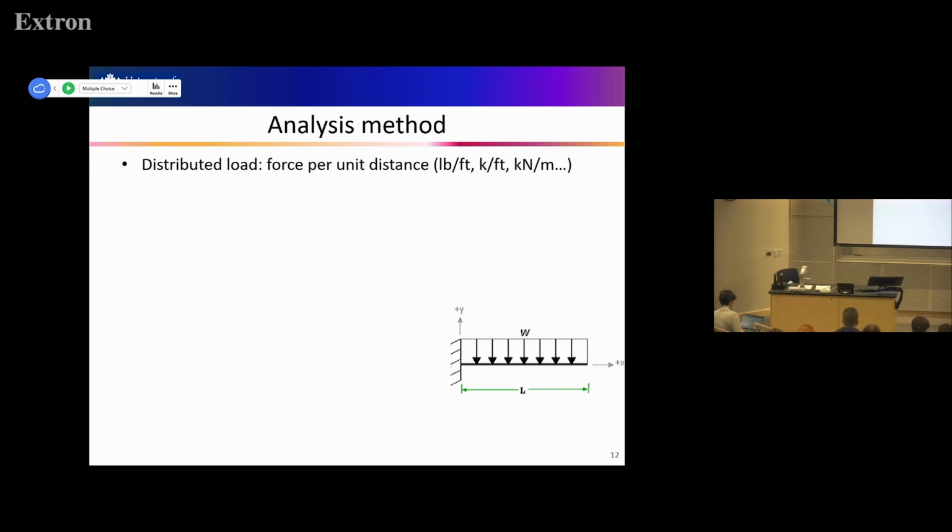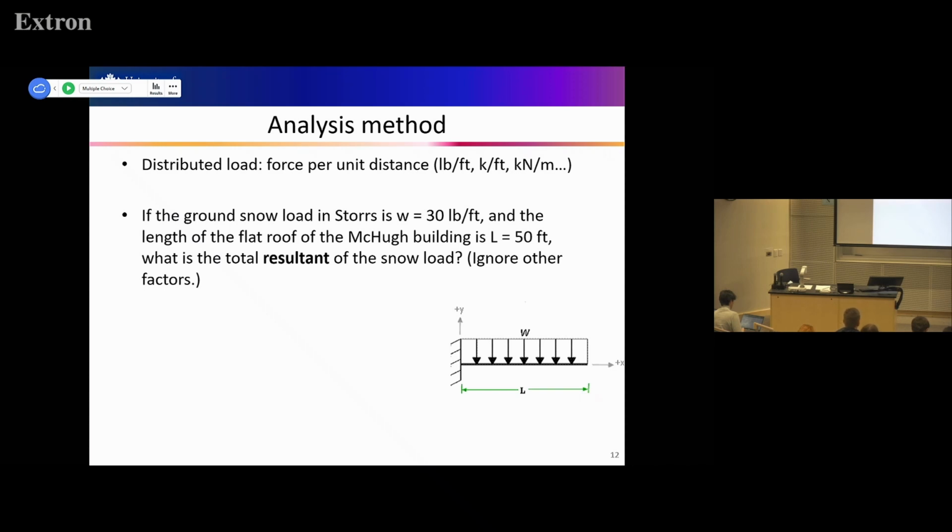So this is a demo. If the ground snow load in Austin is 30 pounds per foot, which is kind of the maximum snow load in the ASCE code, and the length of the flat roof of the McHugh building is 50 feet, what is the total resultant of the snow load?